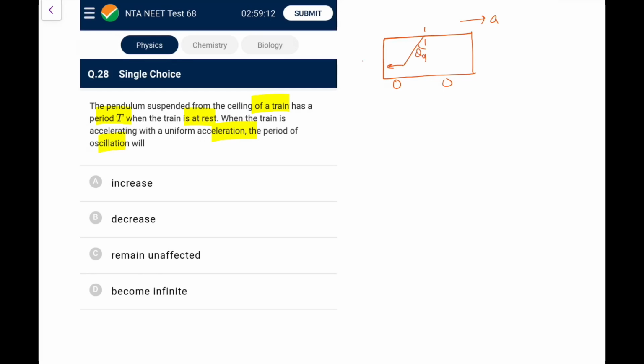You draw this force ma and this force mg, and g effective becomes under root g square plus a square. So g effective increases, time period is inversely related to g effective, so time period is going to decrease. So we'll go for option B.